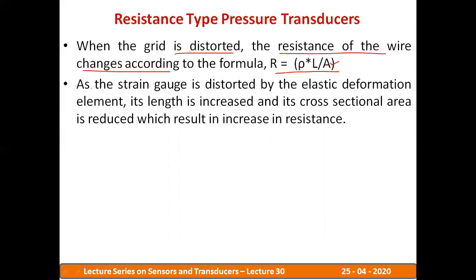As the strain gauge is distorted by the elastic deformation element, its length is increased and cross-sectional area is reduced. So if length increases and area decreases, what happens? Resistance will increase, which will result in an increase in the resistance.